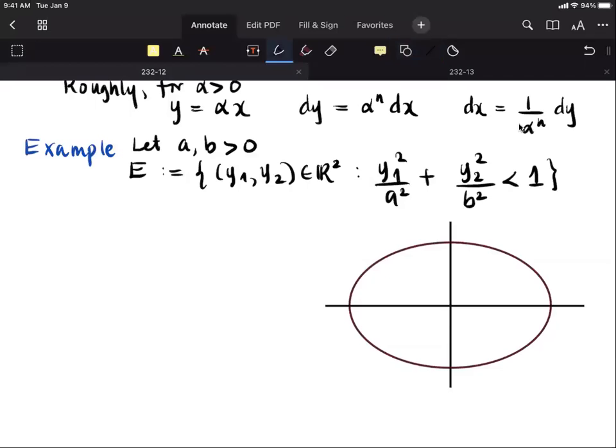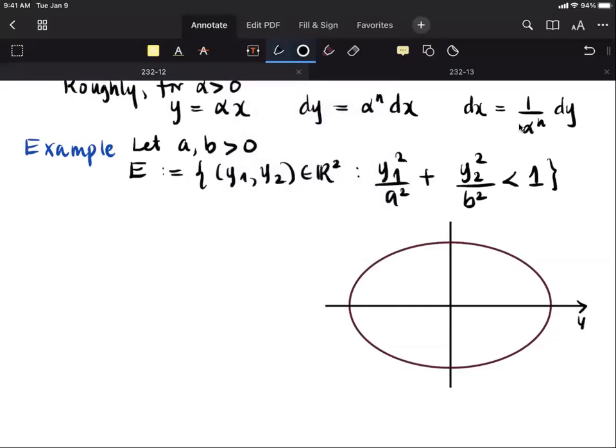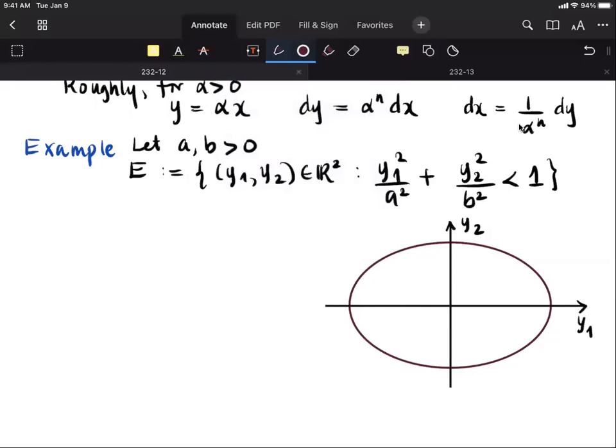So this region, let's say this is the y1 axis and y2 axis, then this should have a coordinate A, and this should have a coordinate B, or y2 component B.